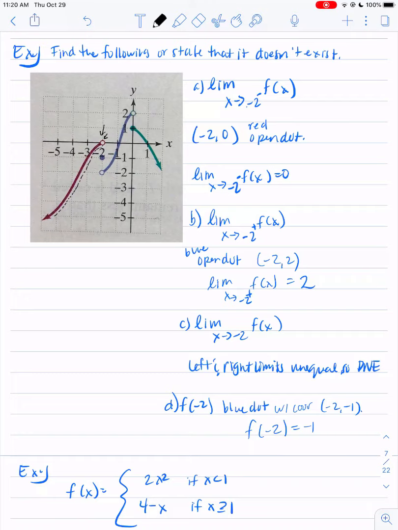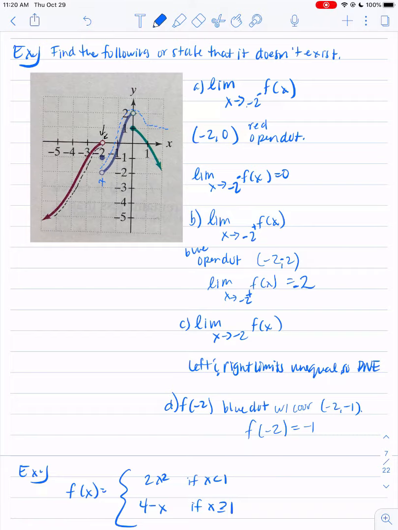Okay, so then we have the limit, let me do it in a different color, as x approaches negative 2 from the right side. That's coming from this direction. So it's this blue open dot here, and the point is negative 2, negative 2. And so the limit as x approaches negative 2 from the right is negative 2.